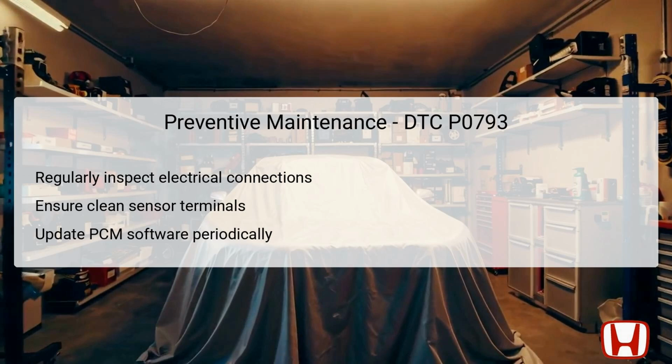Ensuring that sensor terminals are clear of dirt and corrosion is equally important, as this can affect signal transmission. Additionally, keeping the PCM software up to date can mitigate potential issues stemming from outdated programming. By establishing a routine maintenance schedule that focuses on these aspects, you can prolong the life of the transmission system and enhance overall vehicle performance.